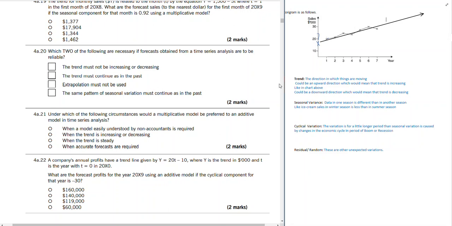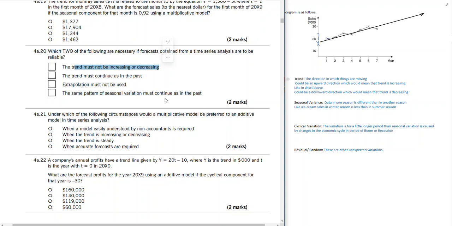Extrapolation would make the estimate not 100% reliable, but this is the idea of time series. We are estimating the future. We have to do estimate, even though it involves the future. So the correct answer: trend must not be increasing or decreasing. Even if it is decreasing, even if it is increasing, we can estimate it.